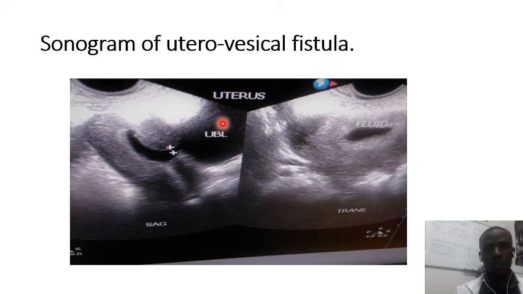So in this case, you can see this continuing anechoic line through the anterior wall of the uterus connecting to the endometrium. And in a transverse image, you will see this endometrium having this anechoic fluid collection in its cavity. And so this is what we call utero-vesical fistula. So it is the abnormal connection between the uterus, endometrial cavity, and the urinary bladder.